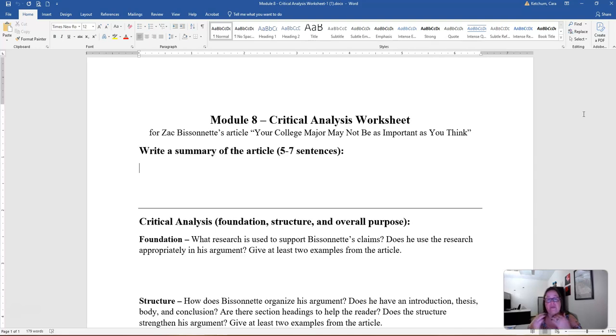So it needs to be 5 to 7 sentences, and everybody's first sentence needs to be similar. Because in the very first sentence of a summary, you need to introduce the title and the author. Okay, so I'm going to write that with you right now.